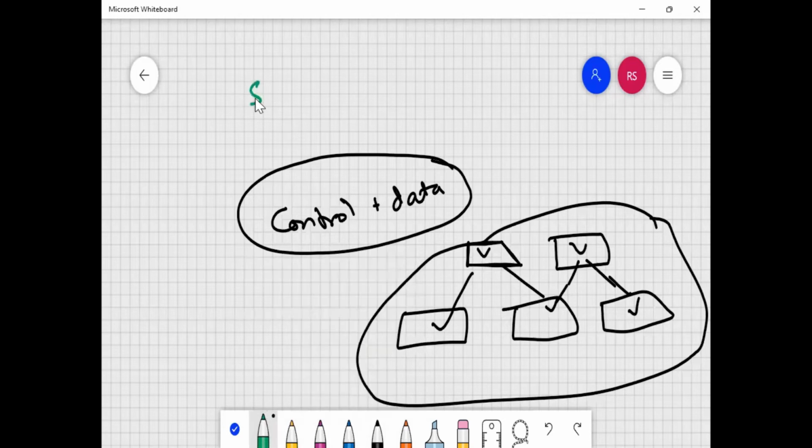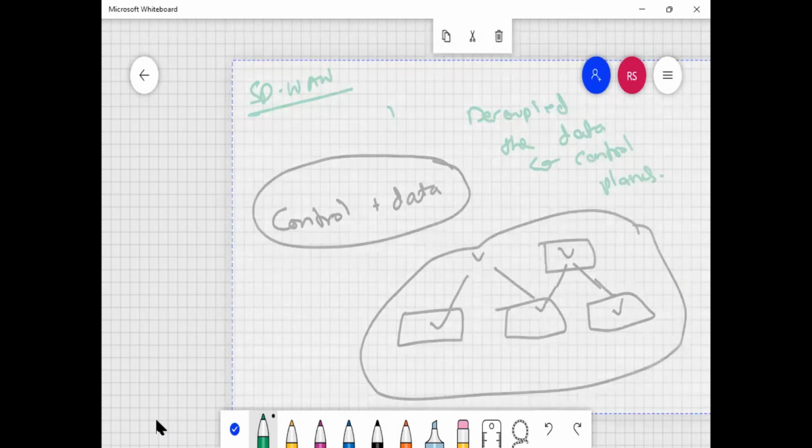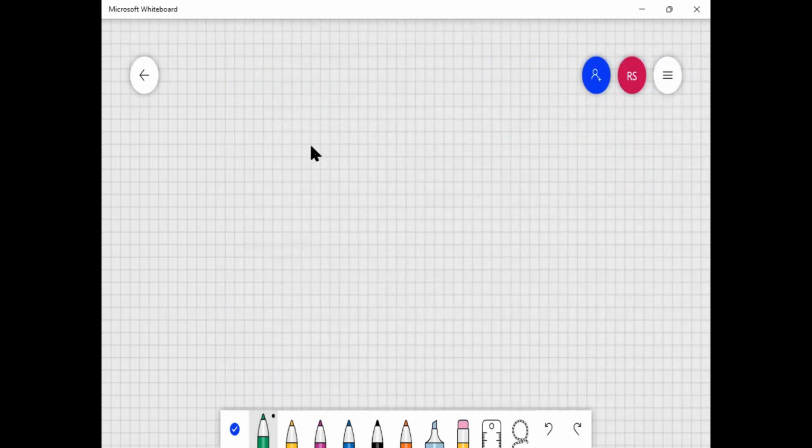But when SD-WAN came into the picture, the very first thing that happened technically is that it decoupled the data and control planes. What does that mean? It introduced something known as controllers, as I was talking about before.